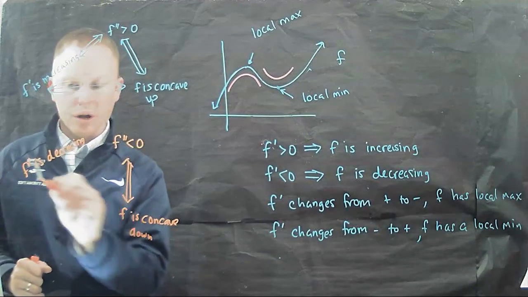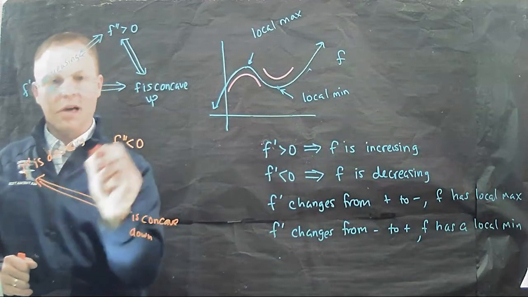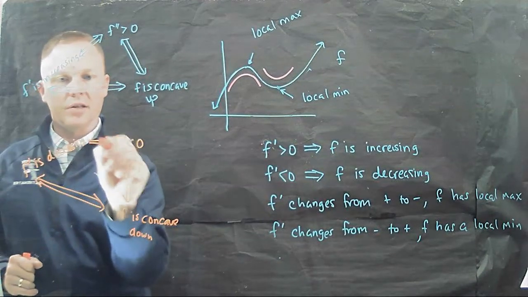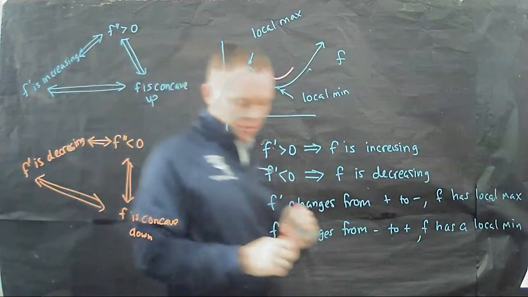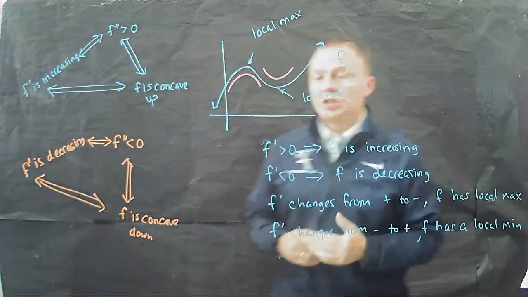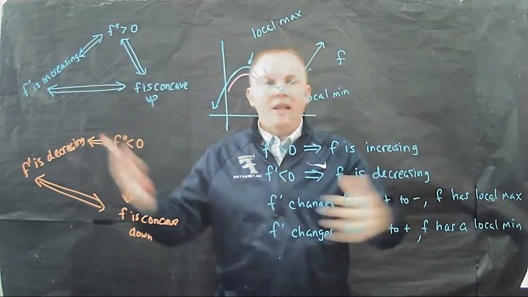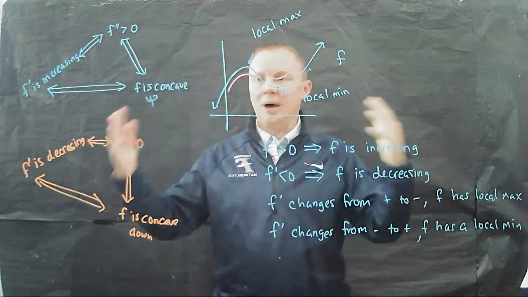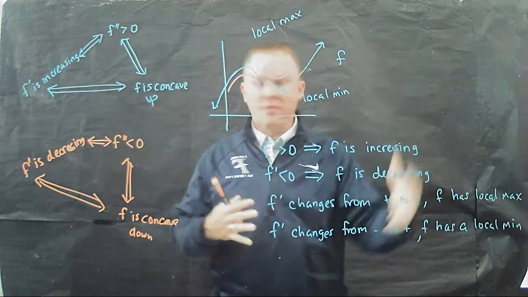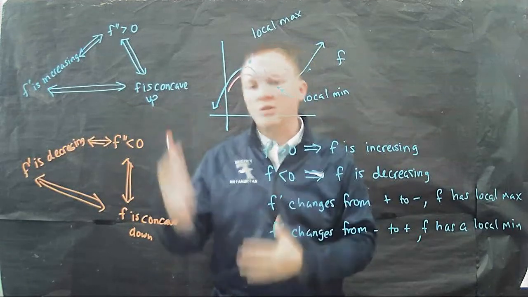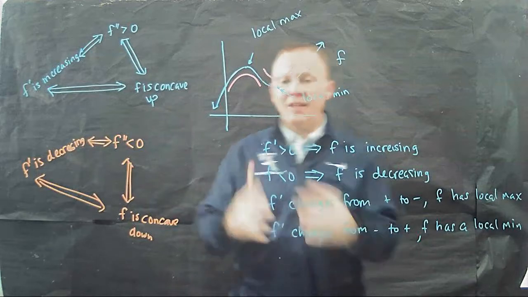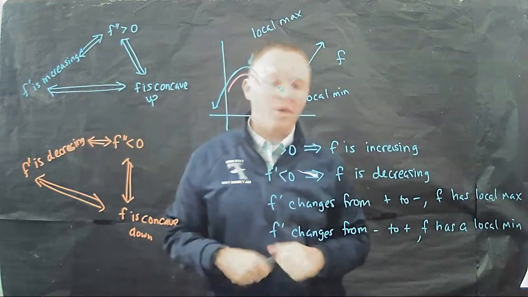And all of these ideas are connected. If one of them's true, they're all true. So that's tying together a lot of the ideas about the function, the derivative and the second derivative, increasing and decreasing, and concave up and down.